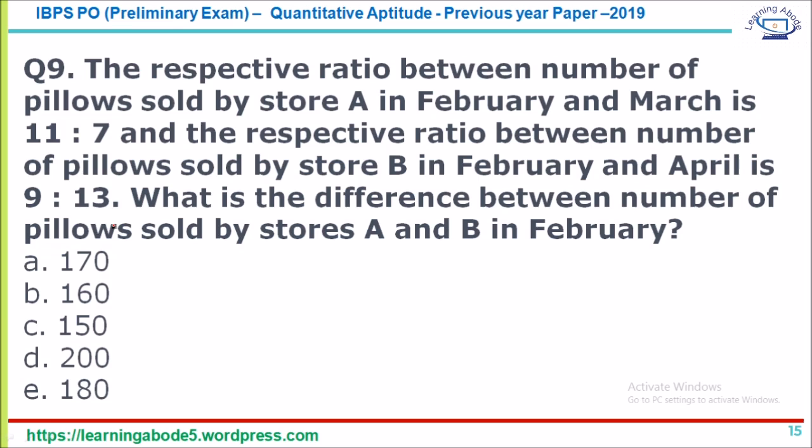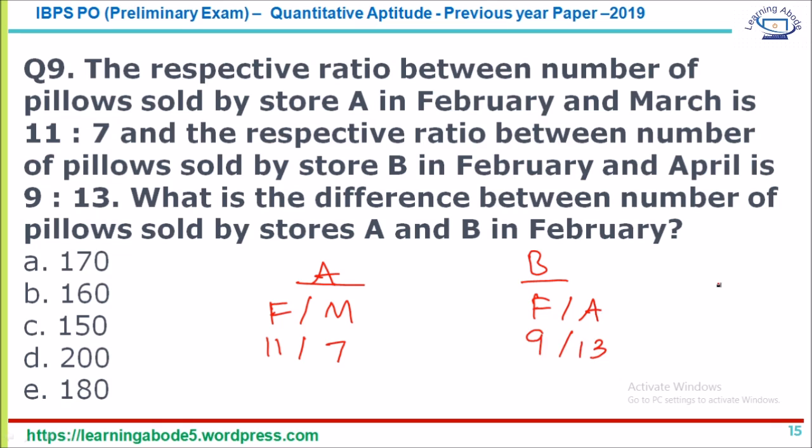So I think we need March number for A and April number for B. In A we are considering February and March, which is 11:7, and as far as store B is concerned, we are considering February and April, and that ratio is 9:13. Now what is asked is February store A minus February store B. That is what is asked.